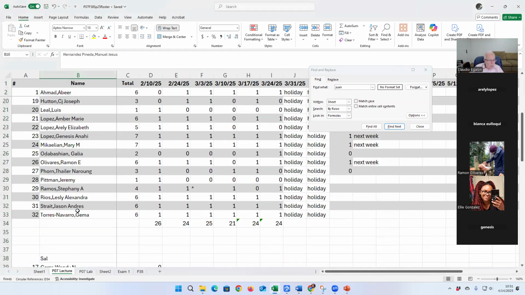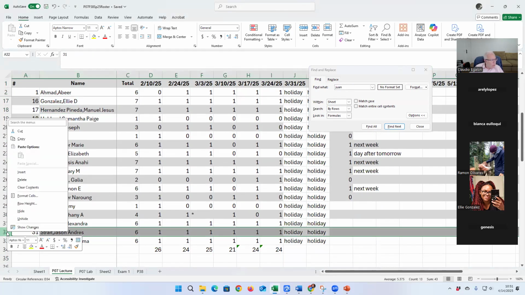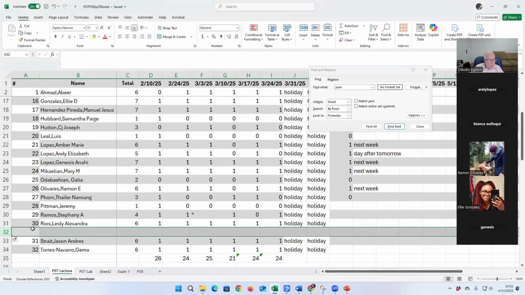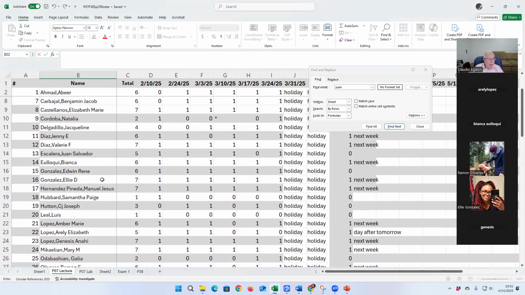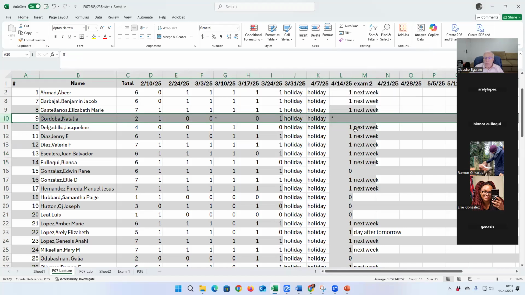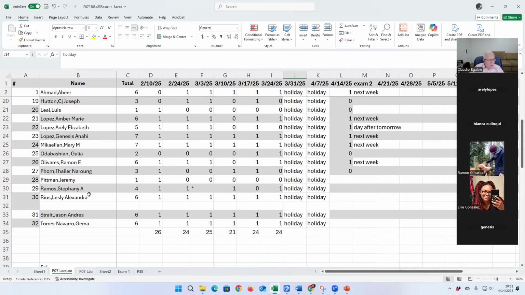Yeah, for some reason, your name is not listed here. Huh, strange. So let me put it here. Insert Escalera. Escalera with an E. Oh, yeah, here. Okay. Next week. Good. So, Natalia Cordoba, right? Let me go back here to Natalia. You prefer, let's see, Natalia next week too. Let's finish.